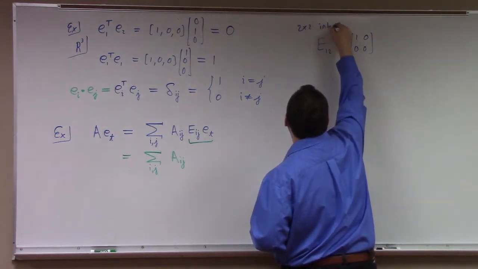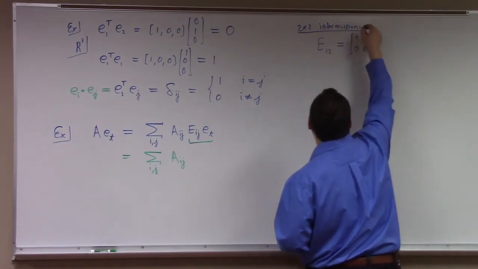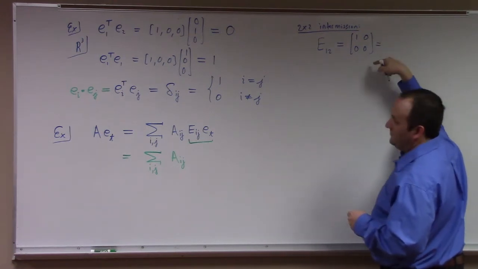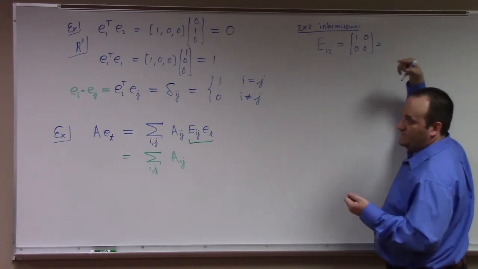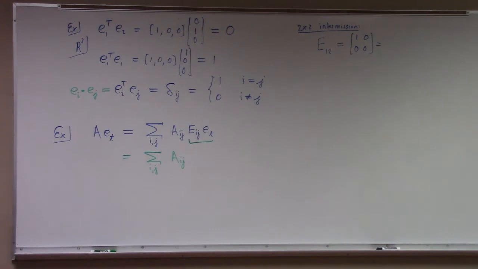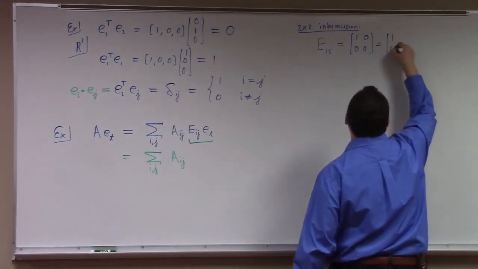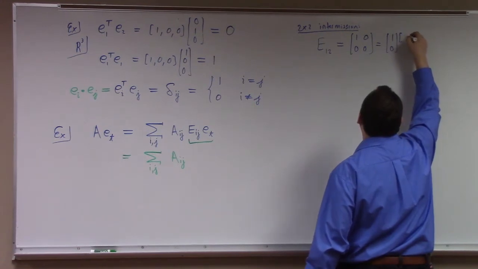Just a short intermission, to make sure we all understand. How do we get a matrix from a column and a row? Curses, I erased the one case I need to refer to. I have every case except for the one I care about. So the opposite, column times row. This is, in fact, column 1, 0 times row 0, 1.